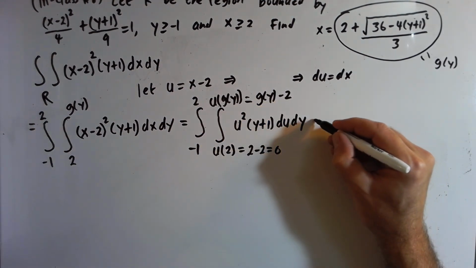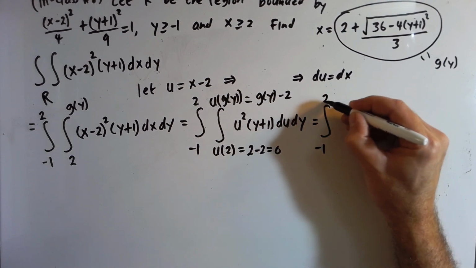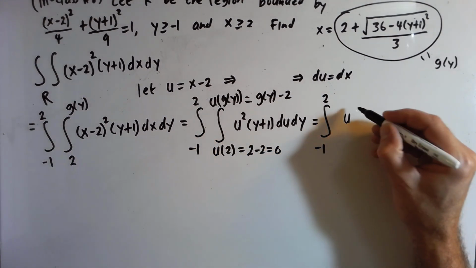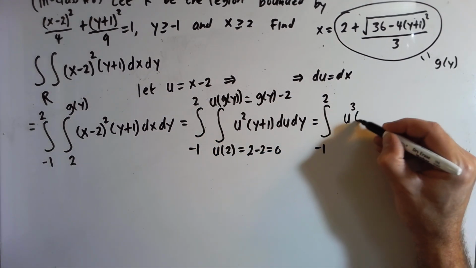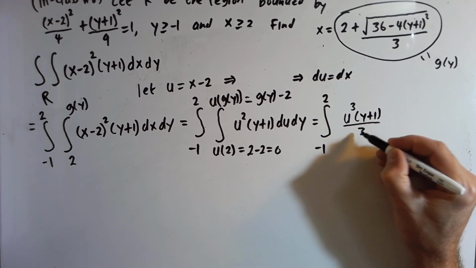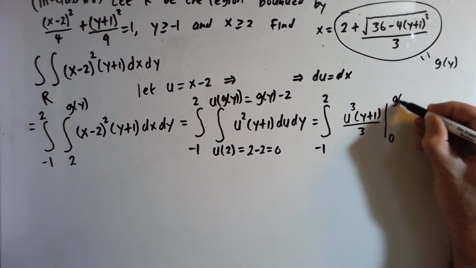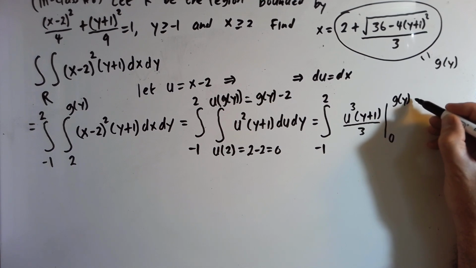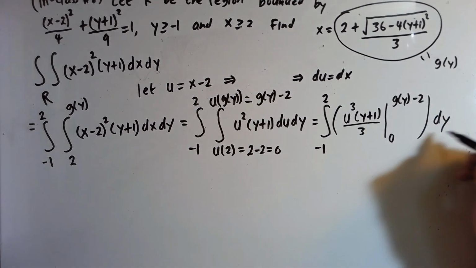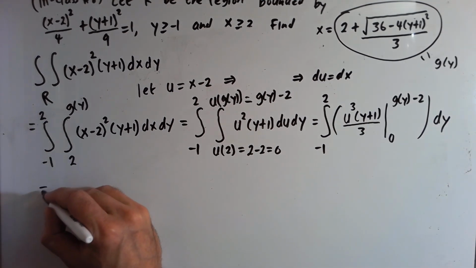Let's keep going. It'll be the integral from minus 1 to 2. Integrating the u now will be u cubed times (y plus 1) over 3, evaluated at 0 and g of y minus 2, still dy over here. Okay, let's bring it down here.